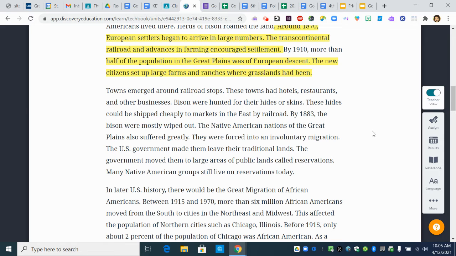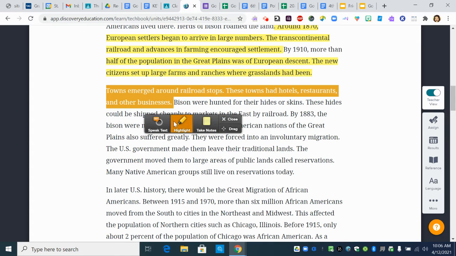They were forced into involuntary migration. We remember involuntary migration from part one of our notes. When people are forced to leave where they live, the US government made them leave their traditional lands. The government moved them to large areas of public lands called reservations. Many Native American groups still live on reservations today.